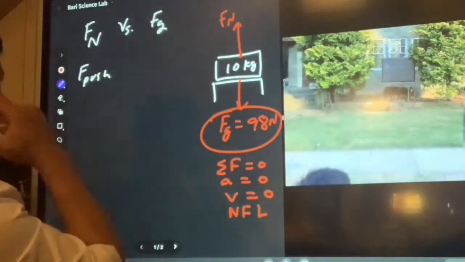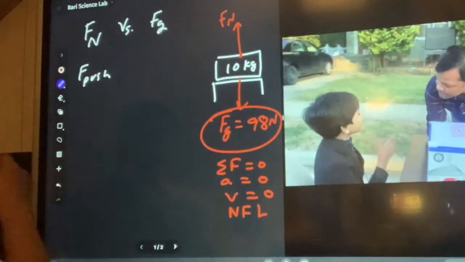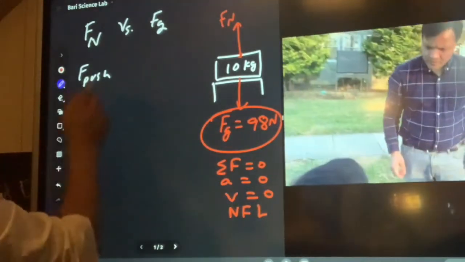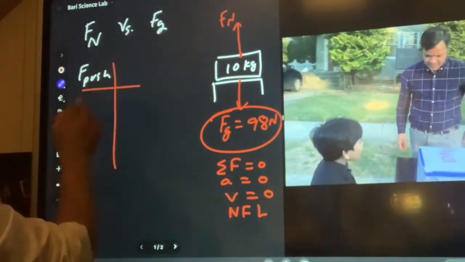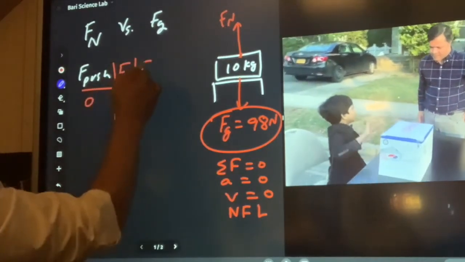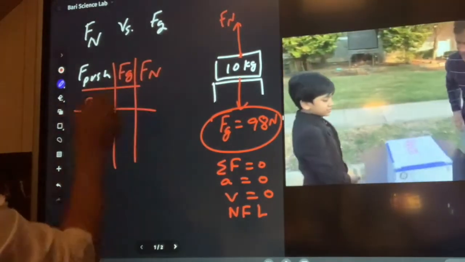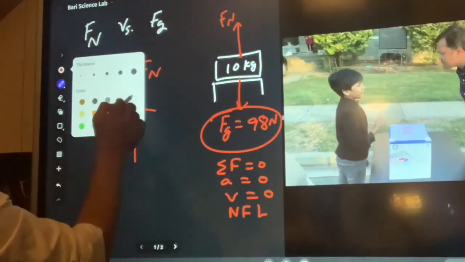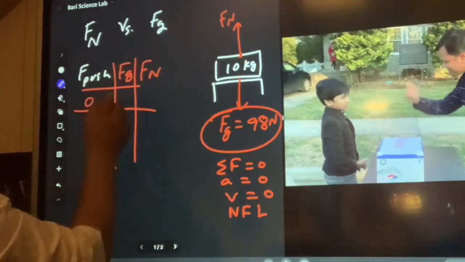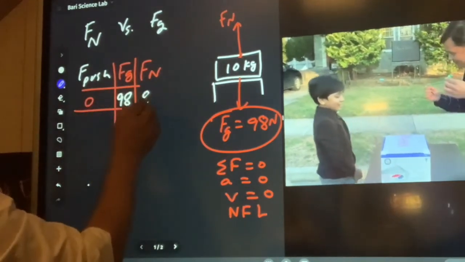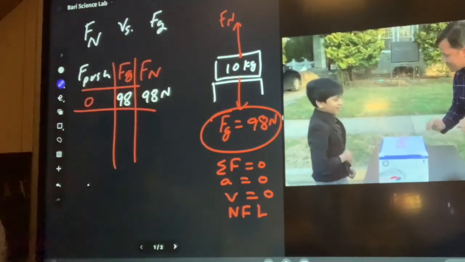Now let's change the pushing force, and see how that changes the weight and how that changes the Fn. With 0 pushing force, the weight is 98 Newton, and the normal force is also 98 Newton.